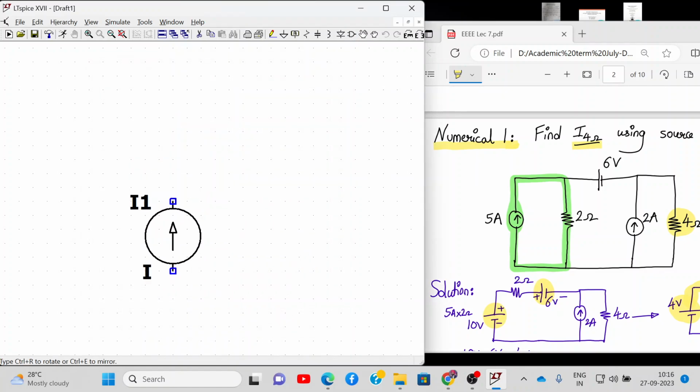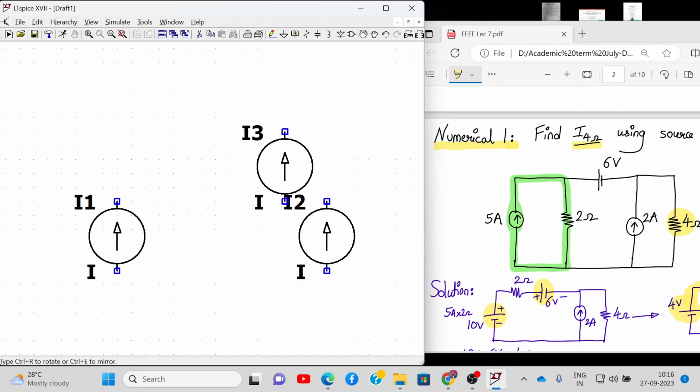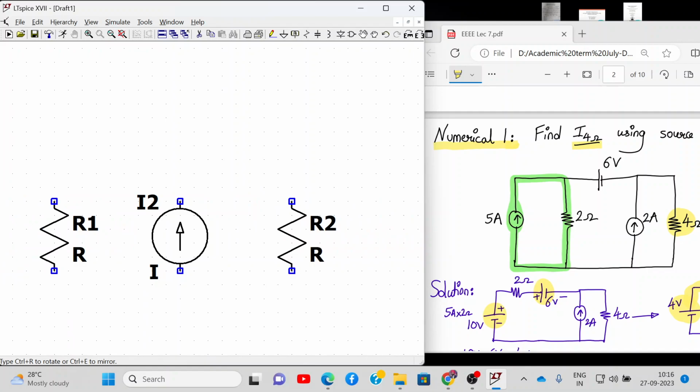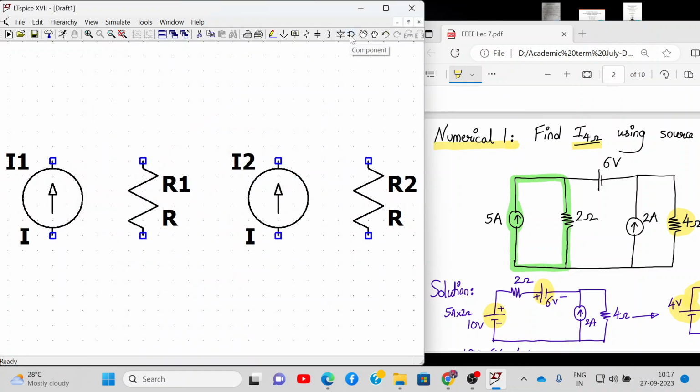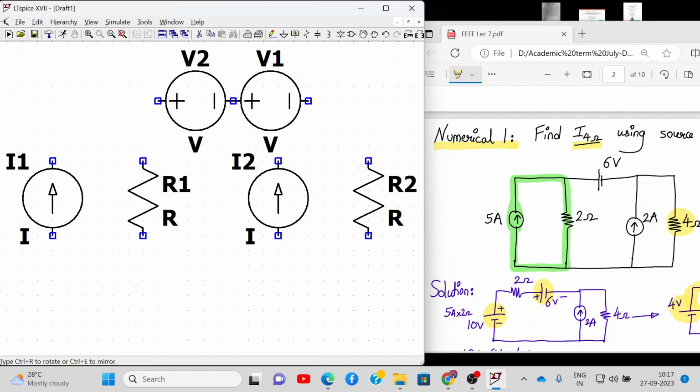I'll reverse the current by pressing Ctrl R. I'll place two current sources and then I require resistances, one over here and one over here. And then I require a voltage source. So I'll type voltage and press Ctrl R. So my voltage source will be over here. Okay, let me select it.